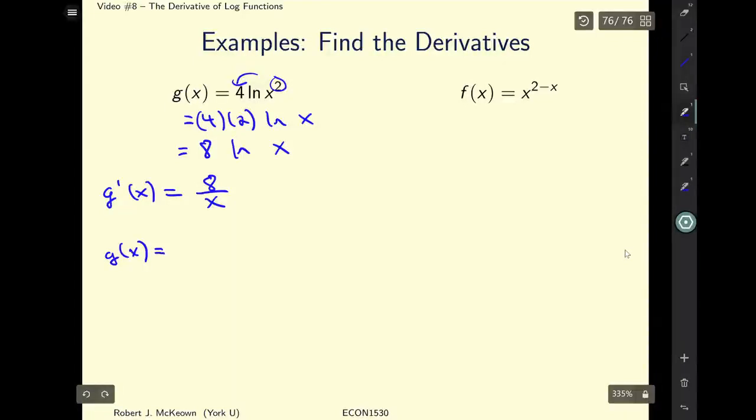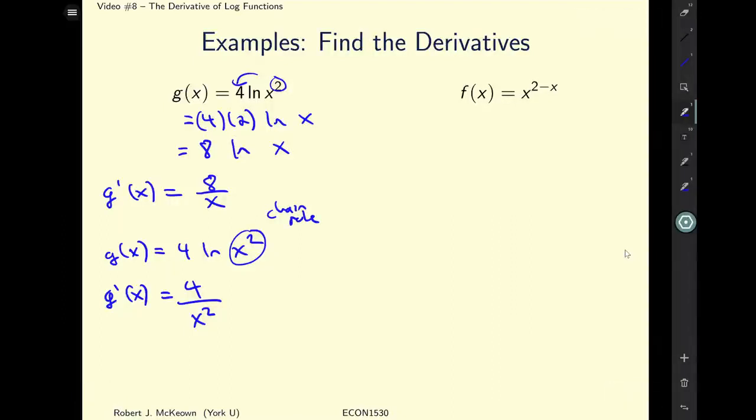If we just left it as it was, if I want to take the derivative of this, I'm going to get 4 over, everything that's in the log moves into the denominator, so we get x squared. But now we have to use the chain rule. We have to take the derivative of all the stuff that is inside the natural logarithm.